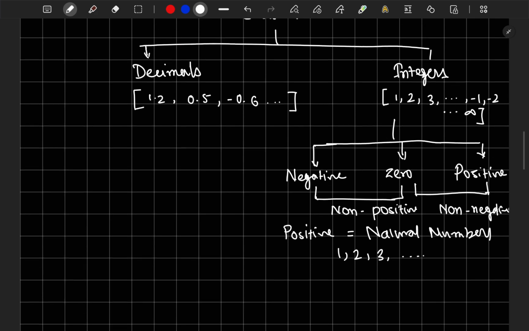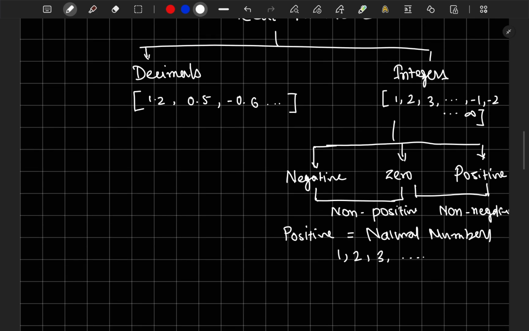so here, decimal numbers we can classify into two major categories. One is finite or terminating decimals. Another one is infinite or non-terminating decimals.